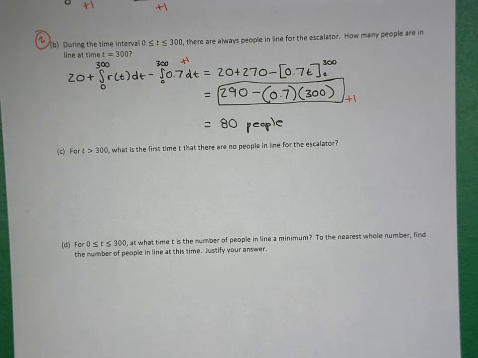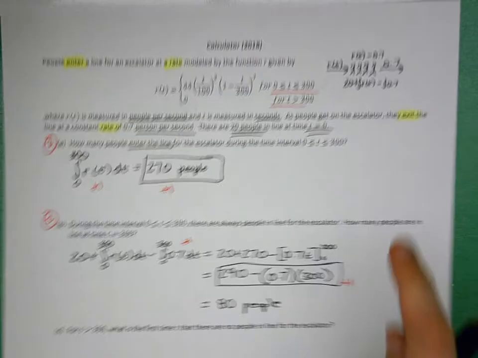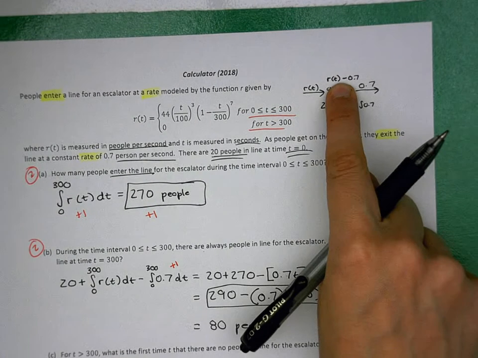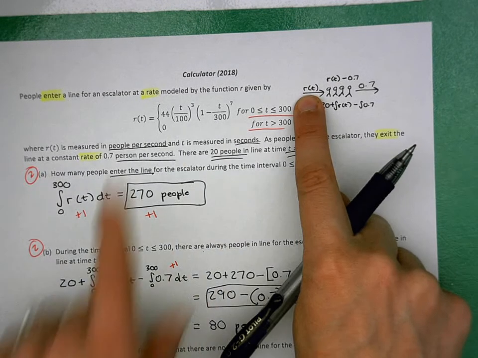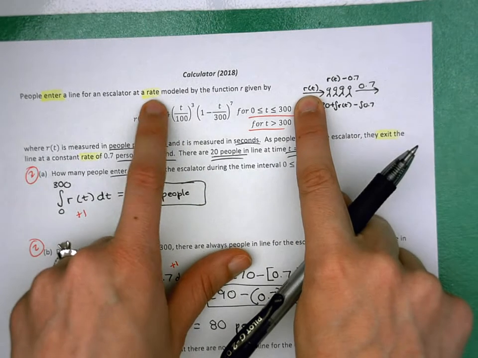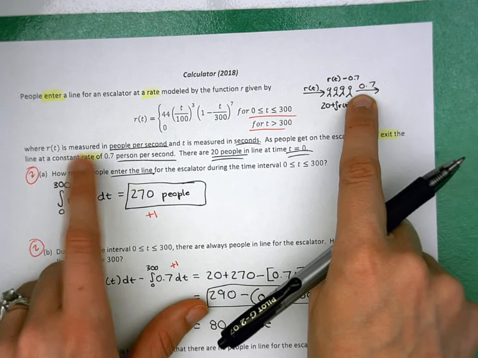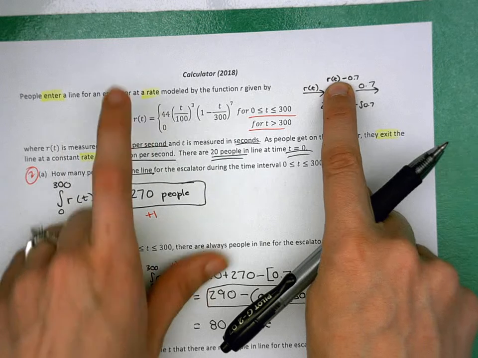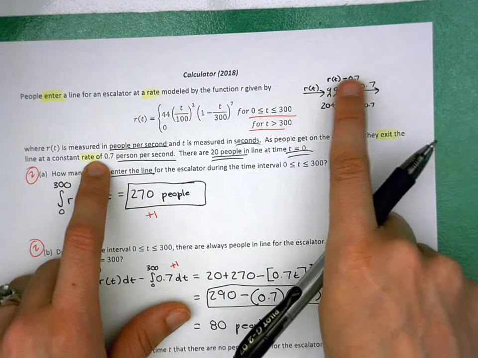So first things first, how do we find a maximum or a minimum? Well, we set our derivative equal to 0, okay? And in this case, it's the number of people in line, and so in line's derivative is R of t minus 0.7. Remember, entering the line had a derivative of R of t, exiting the line had a derivative of 0.7, so in line is entering the line minus those who left the line, so R of t minus 0.7.